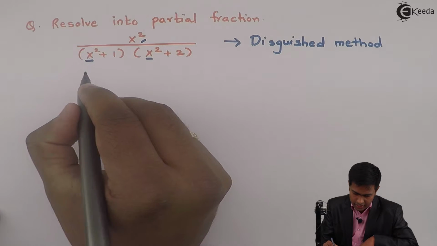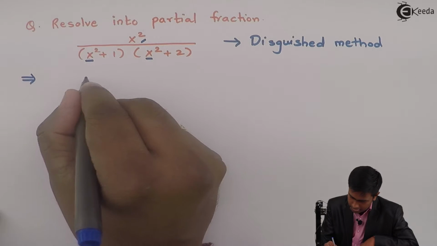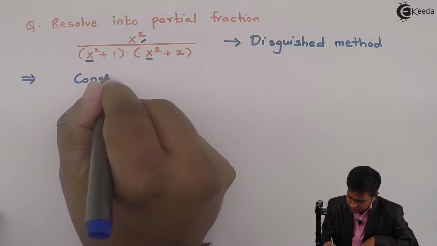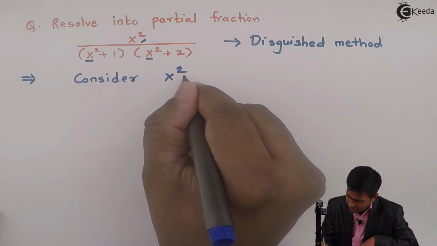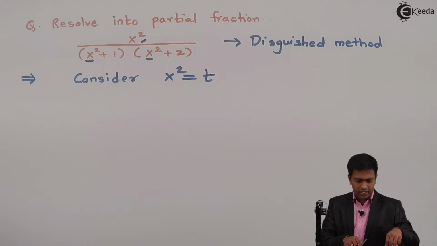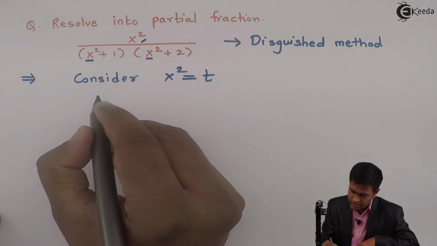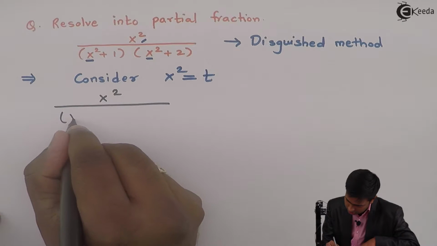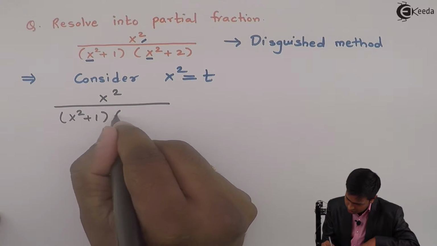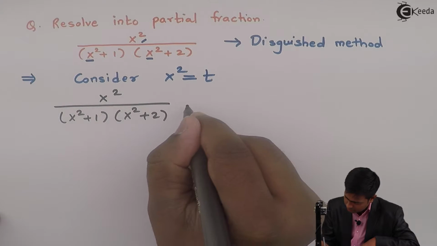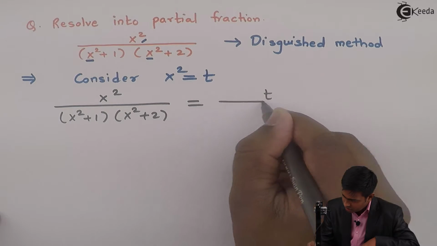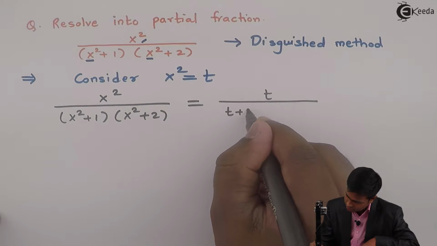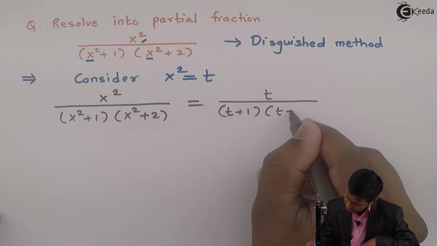So here I will say, consider x square as t. By considering x square as t, this fraction, x square upon x square plus 1 into x square plus 2, will become t upon t plus 1 into t plus 2.